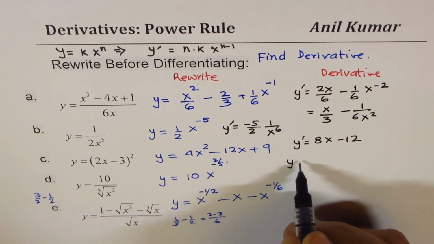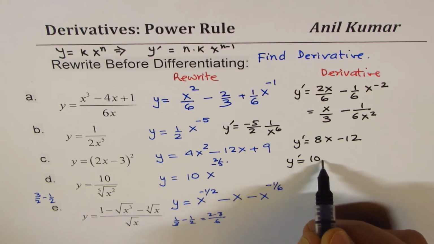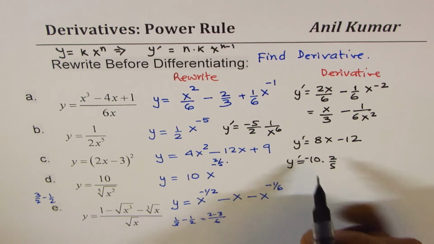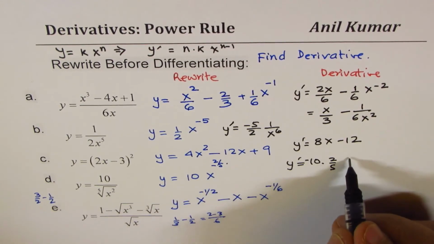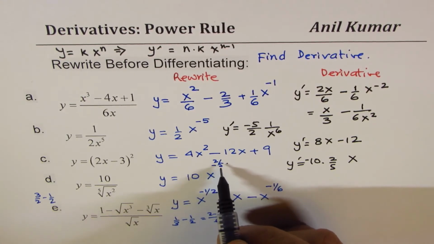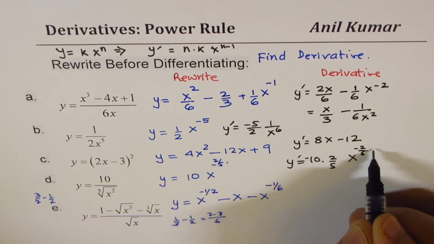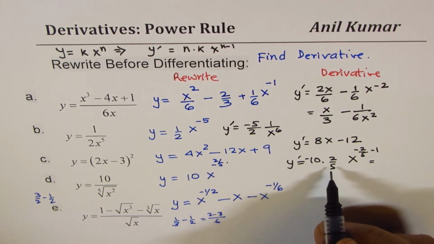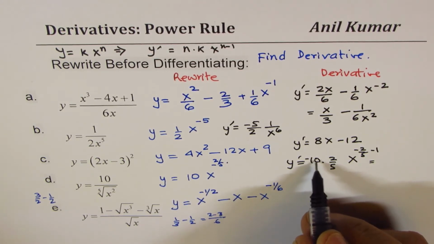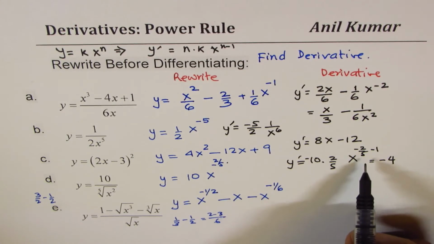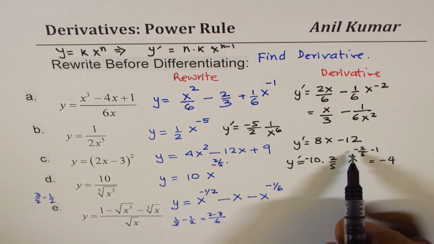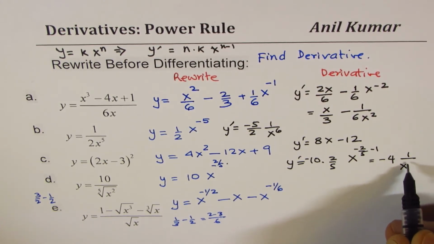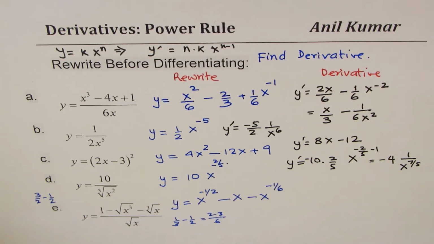Now for this one, y dash equals 10 times minus 2 over 5, x to the power of minus 2 over 5 minus 1. Let's write minus 2 over 5 minus 1. We can simplify this: 10 times 2 over 5 gives minus 4, and minus 5 over 5 minus 2 over 5 is minus 7 over 5. So we could write this as 1 over x to the power of 7 over 5, correct?